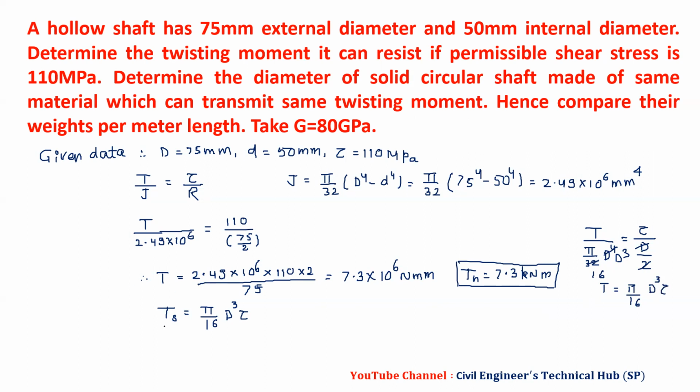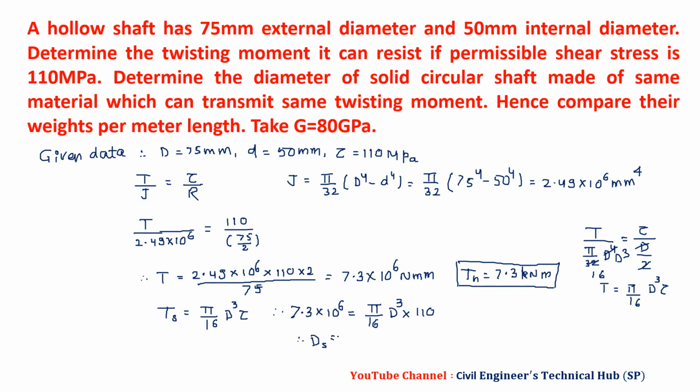Therefore the value of T we have is the same as that of the solid. So 7.3 into 10 raised to 6 equals pi by 16 into d cube, and tau is the same, 110. And from this I will get the value of d solid.